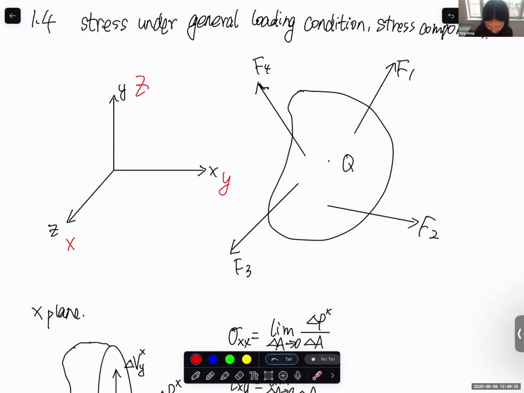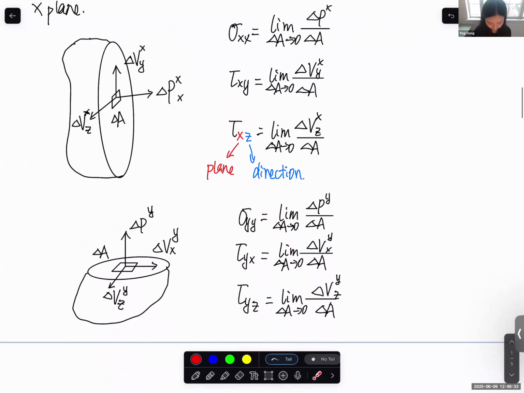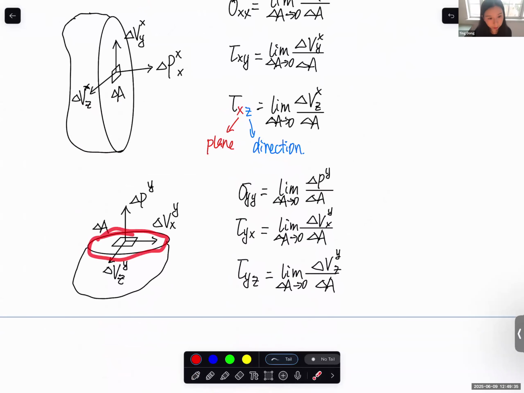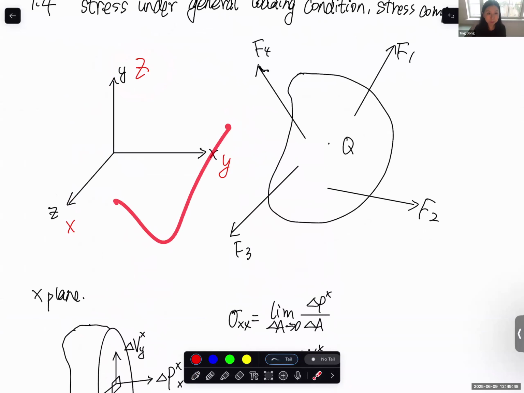If I cut like this, then this becomes a y plane. And if I cut in this way, it becomes a z plane. So it's not randomly cut in any direction. It depends on how you define the coordinate system. Any other question?